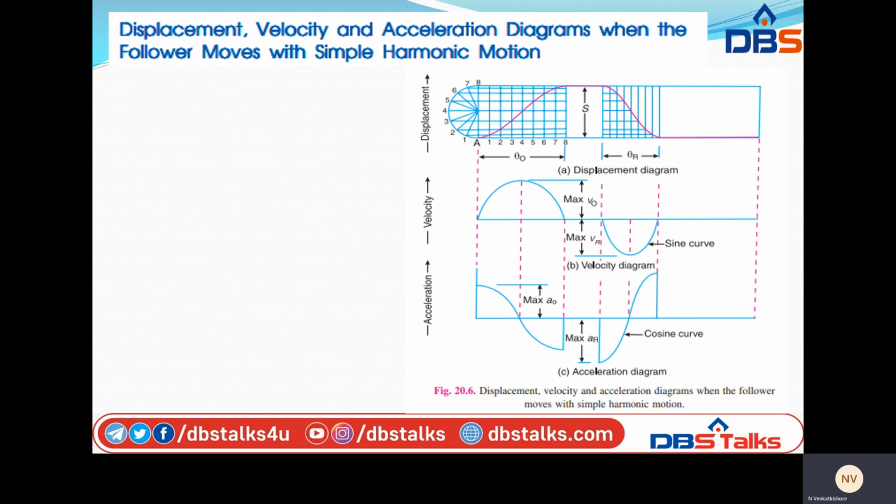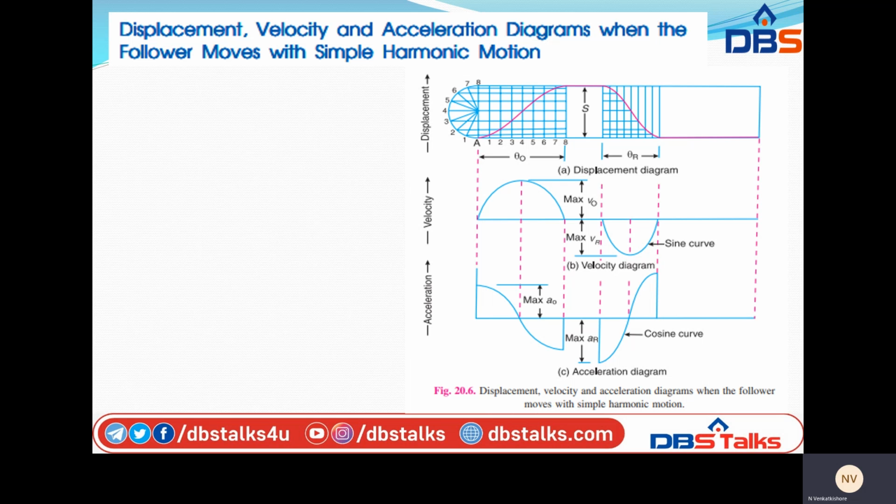Draw the vertical lines from the circle and the horizontal lines; where these two meet, that is 1, 1, 2, 2, there is a point of contact. By projecting all the points, since the follower moves with simple harmonic motion, the velocity diagram will consist of a sine curve. So by joining all these points, we get the displacement and the velocity diagrams.